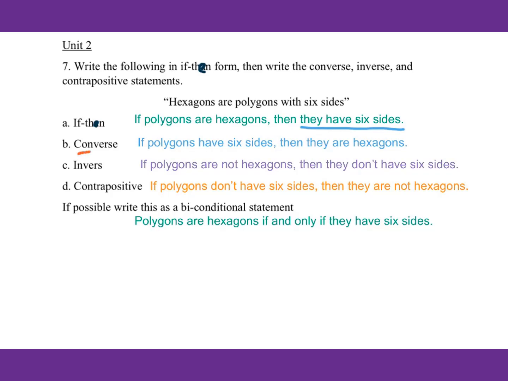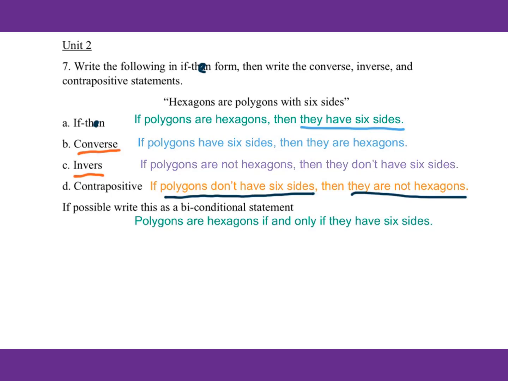For the converse statement, you just need to switch if and then. If polygons have 6 sides, then they are hexagons. For the inverse, if polygons are not hexagons, then they don't have 6 sides. For the contrapositive, if polygons don't have 6 sides, then they are not hexagons.